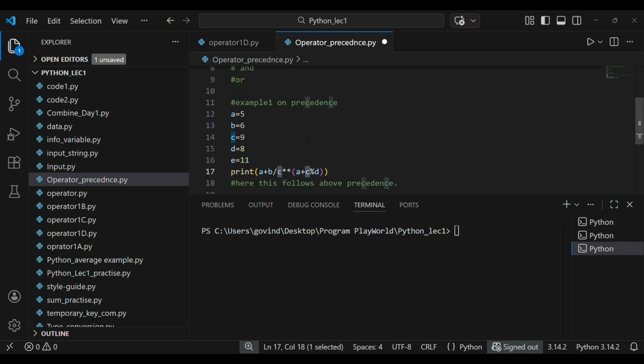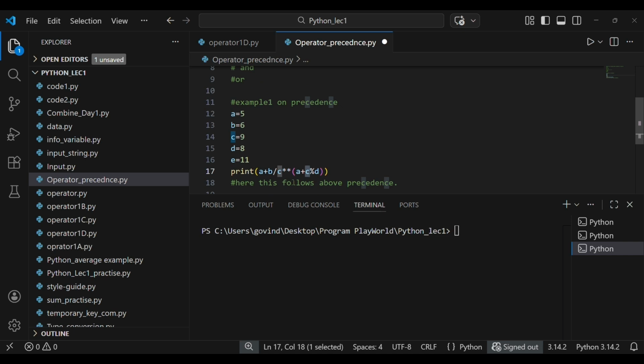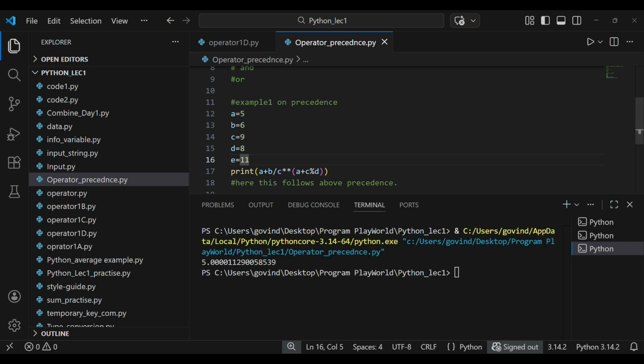After that, it solves a plus b divided by c, and then it uses the power operator, because it is outside of the bracket. Now you can see here we get our output. Okay, that is all for today.